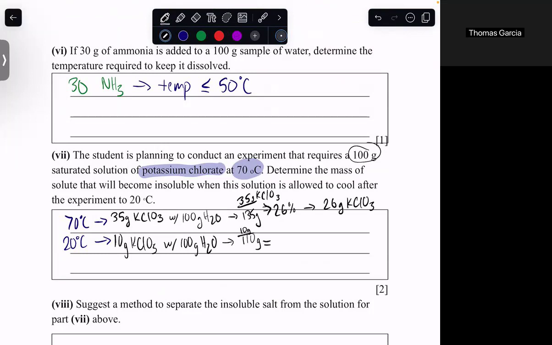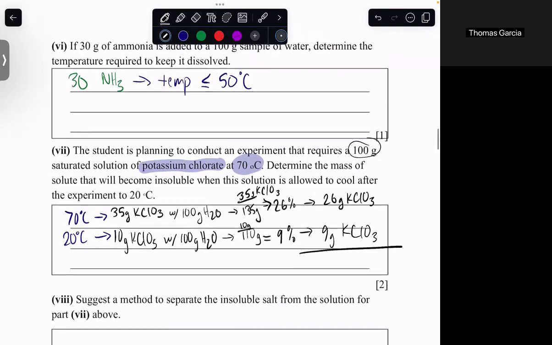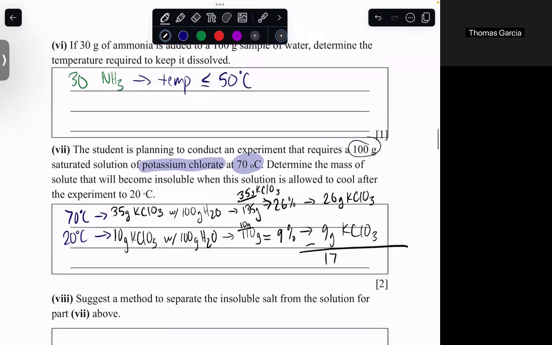If we take 10 and divide by 110, we find out that our final solution wants to be about 9% by mass potassium chlorate. So we want to end with 9 grams KClO3. So we take 26 minus 9, and we will have 17 grams that solidifies out or becomes insoluble.